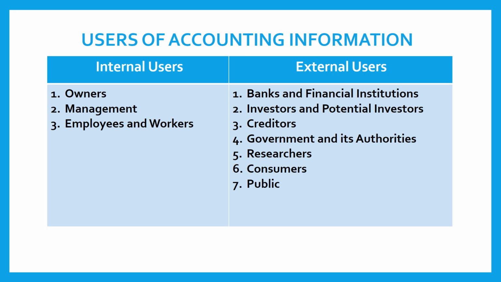The next, researchers. Researchers use accounting information to carry on their research work. At times, a number of individuals undertake research on various topics which have a direct concern with the business organization. So to carry on their research, they take the help of the accounting information.